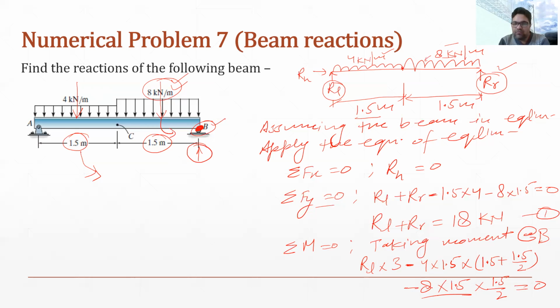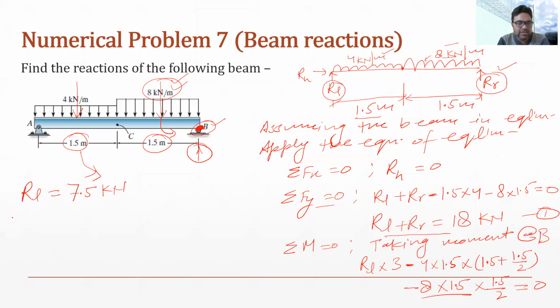After solving this equation, we can find RL as 7.5 kilonewton. Now using equation 1, RL plus RR is equal to 18 kilonewton.